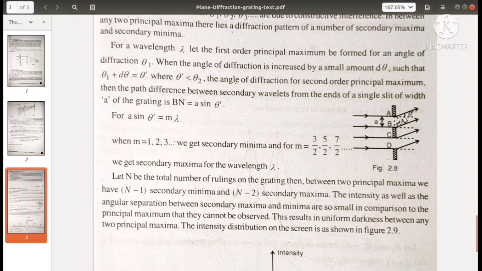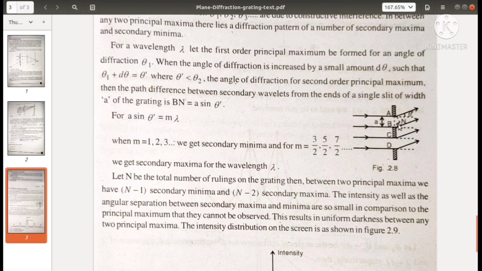In the previous pictures we were considering the light coming from the corresponding points of two slits, that is from point A and point C, or from point B and D. Here we are considering a single slit, that is light coming from the ends of a single slit.